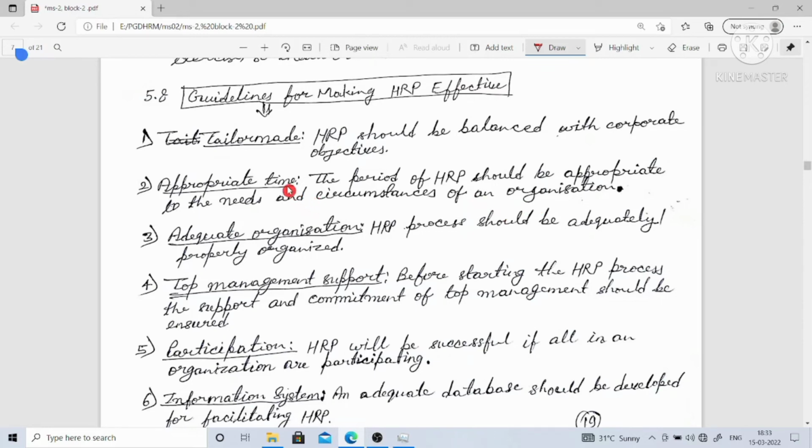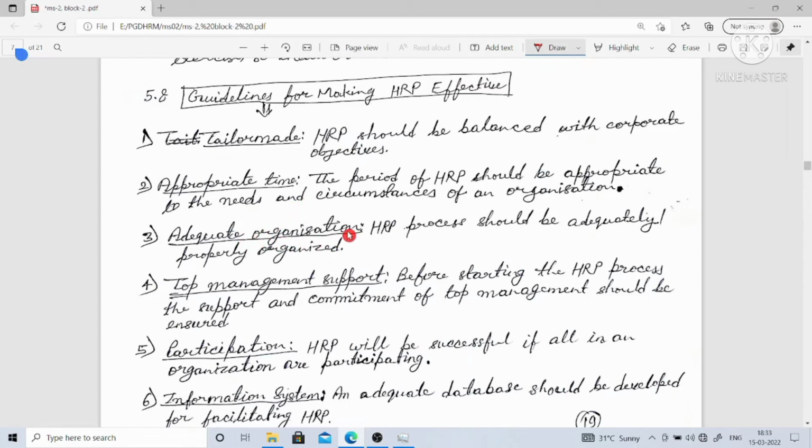So appropriate time means that sufficient time should be devoted to human resource planning, which is available to the organization.